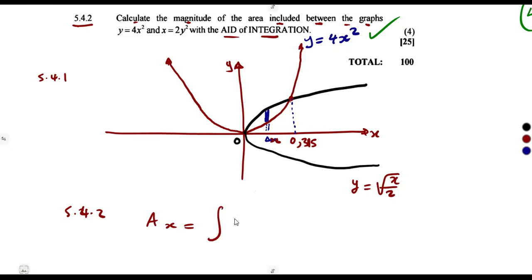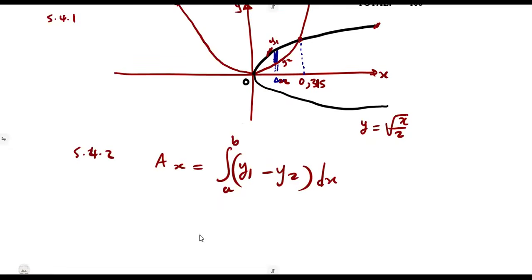Remember, we're going to take the one that is on top. This is the one that is on top, so it's y1 minus y2, with respect to x, our limits being a and b.